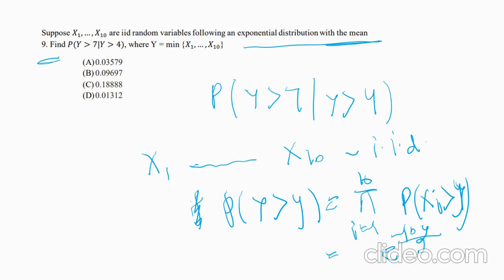So that one will be a probability of e to the power minus 10 y by 9.